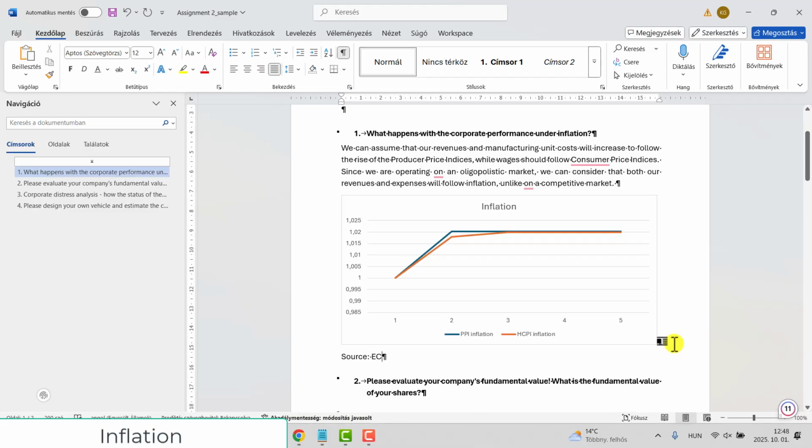Source, we can say ECB, kind of, sort of forecasts. So now we can see that, okay, this is nice.